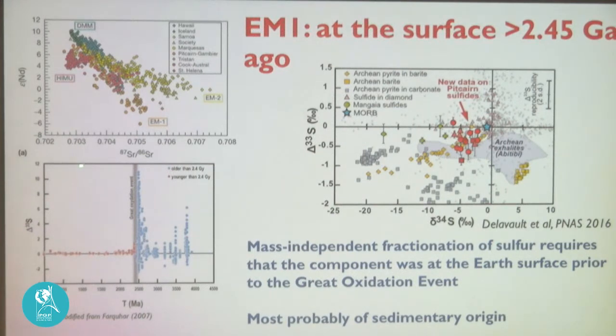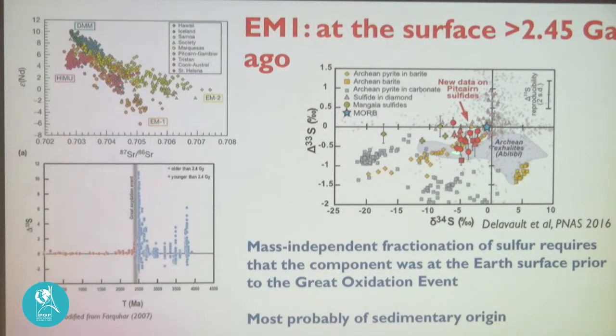And then there has been this new data that came from a completely independent isotopic system, the mass-independent fractionation sulfur anomalies, shown here with the capital Delta 33 sulfur. And the point here is that to have a value that is different from 0, here is a figure from James Farquhar, you need to have a material that is older than 2.4 billion years.